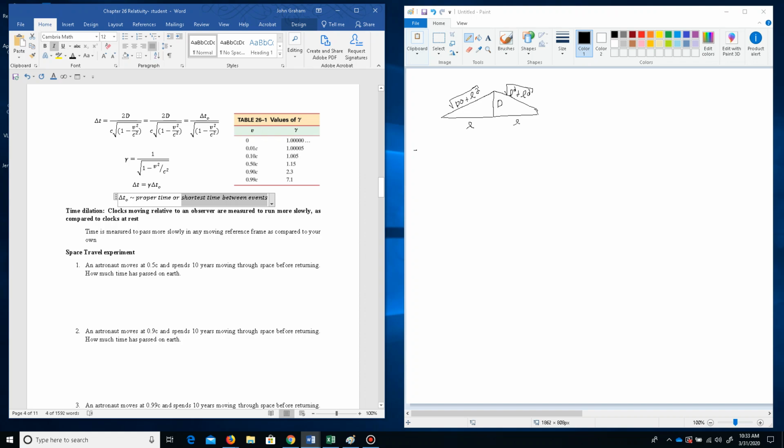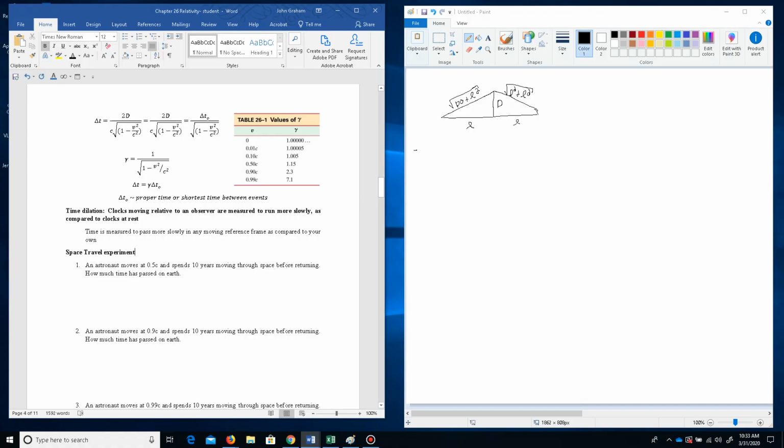Alright, so for time dilation, clocks moving relative to an observer are measured to run more slowly as compared to clocks at rest. So the time is measured to pass more slowly in any moving reference frame as compared to your own. And so it takes longer when the reference frame is moving, where if it's not moving, it doesn't take as long, so the time will be shorter.